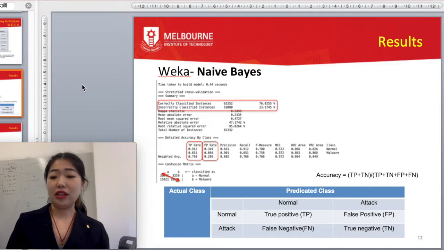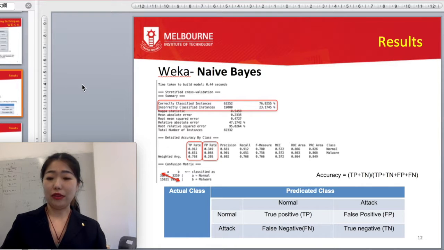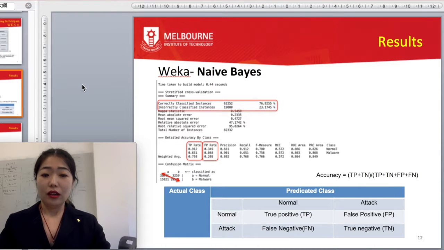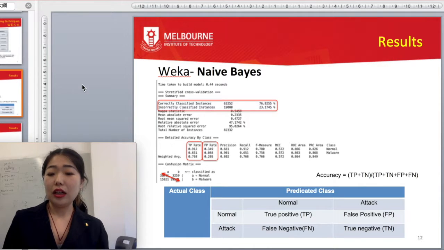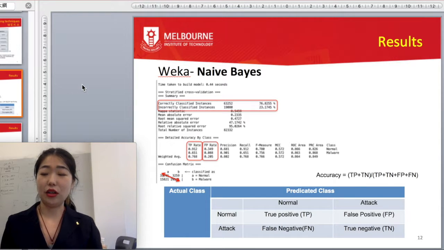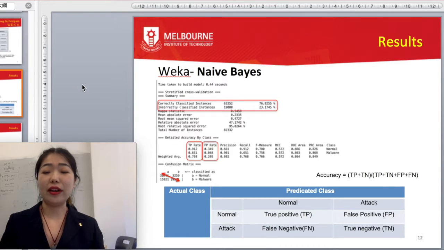When we predict negative and it is actually negative, it is a true negative. The accuracy will be the sum of true positives plus true negatives, divided by all the predicted classes. So we can get the accuracy result of Naive Bayes, which is around 77%.